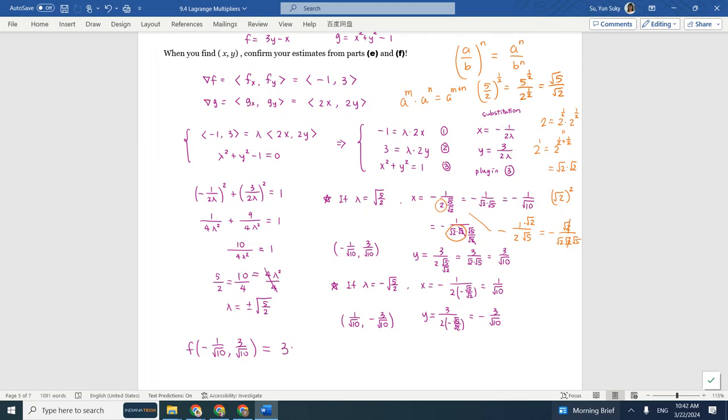Yes, 3 over root 10. So 3 times 3 over root 10 minus, look at the function, 3y minus x. What is x? Negative 1 over the square root of 10. Do you see the denominator is root 10? And 3 times 3 is 9, and 9 plus 1 is 10.